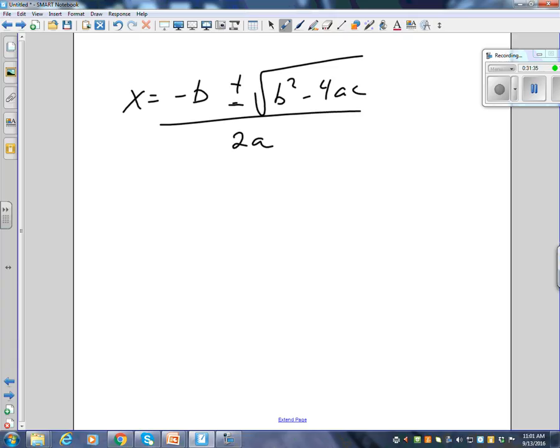Remember that? Would you like to see the derivation? You don't want to see it. What's the point of this? When do you use this? When you're solving for 2 zeros, right?